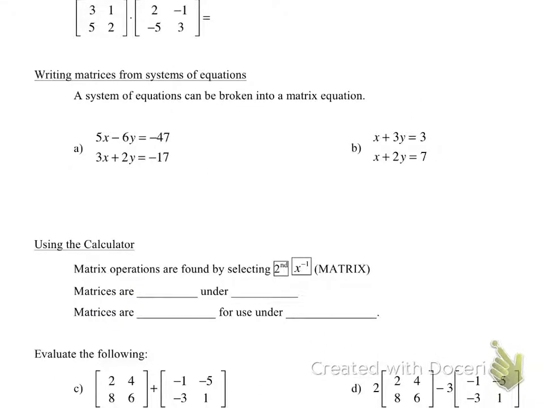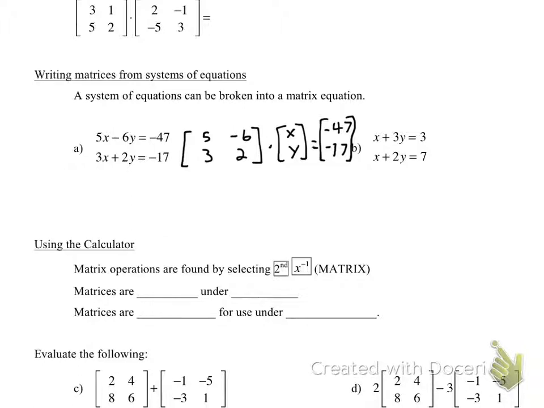Alright, so to do it in the calculator, you need to learn how to break down a system of equations into a matrix equation. To do that, you're going to take the coefficients, 5, negative 6, 3, and 2, and make that a matrix. Then you'll multiply it by a matrix of your two variables, x over y. The first variable is always on top, and the variable below is the second one, or it's alphabetical, right?